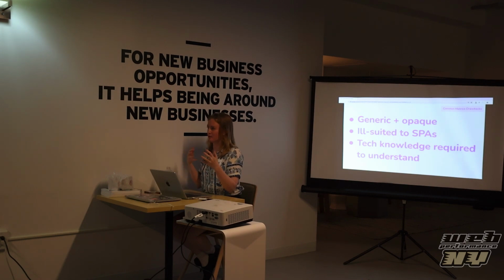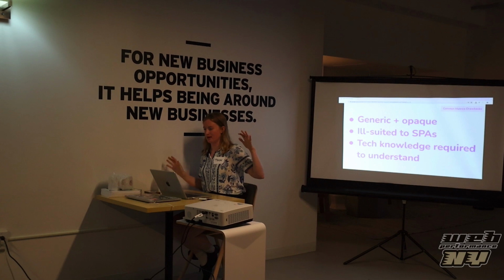But I would argue the motivation for this talk is that it's not enough to look at just these common performance metrics. A few inadequacies, the cons after the pros that I listed, are as follows. First of all, generic plus opaque.